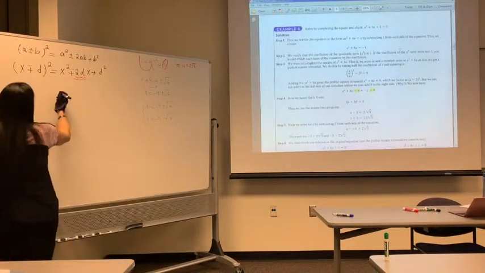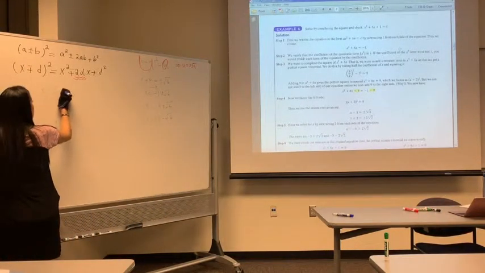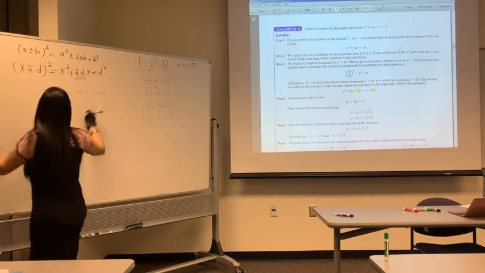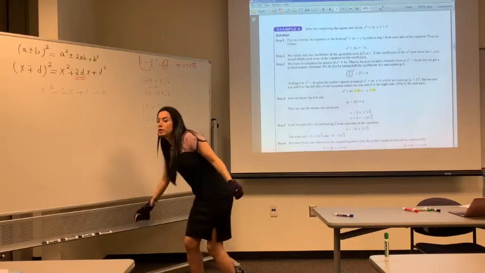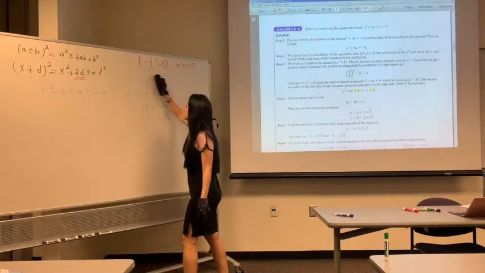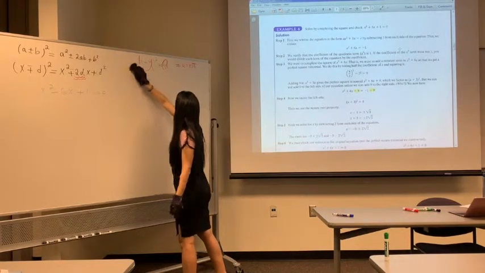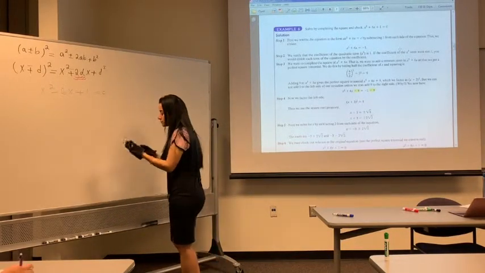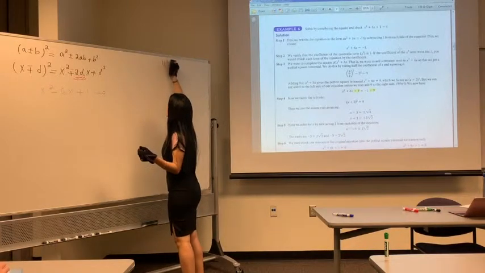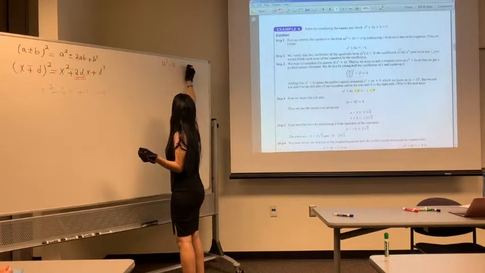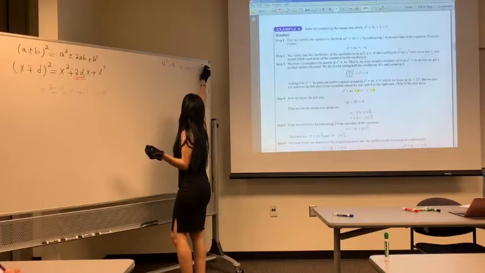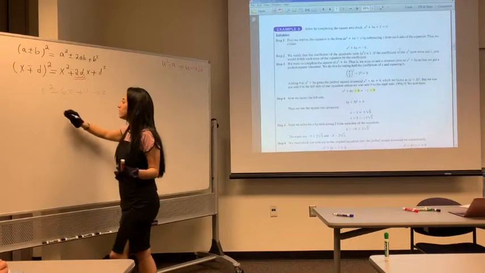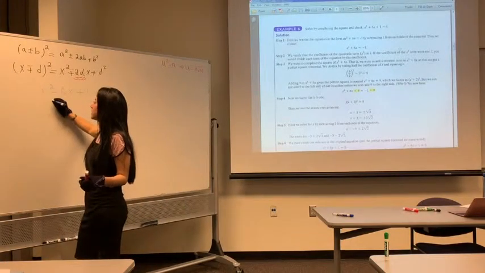We have x squared minus 6x plus 1 equal to 0. We want to solve this using this method, completing a square. Okay, so this one is x squared.